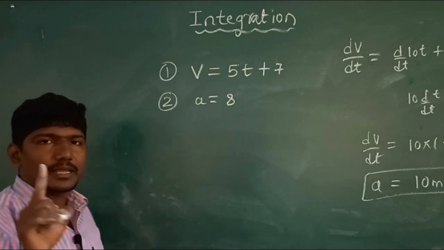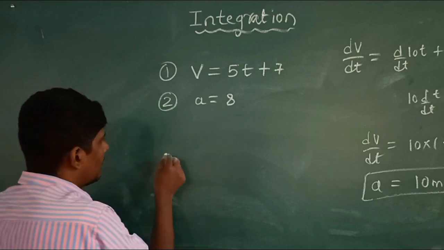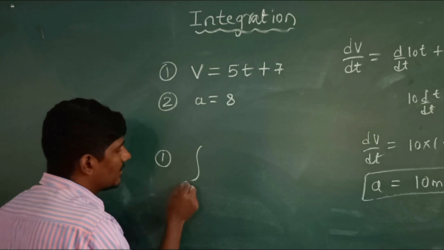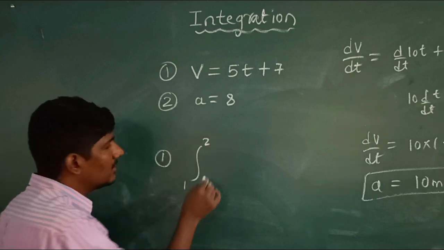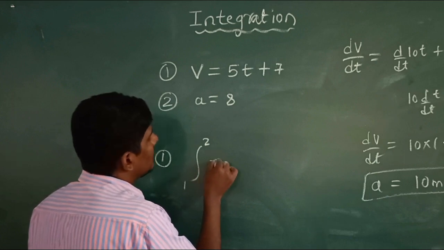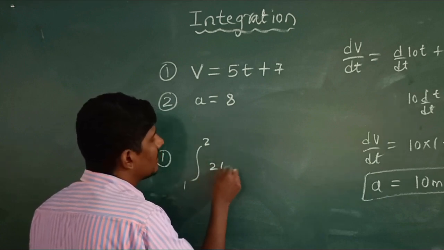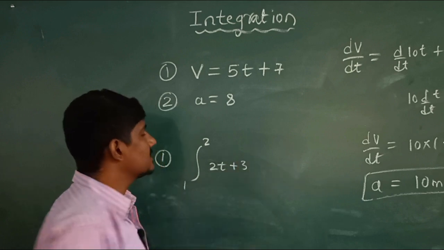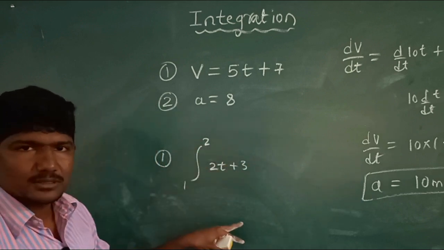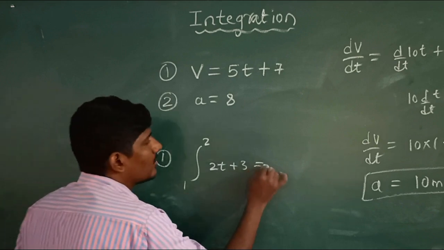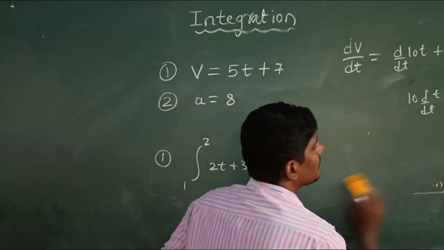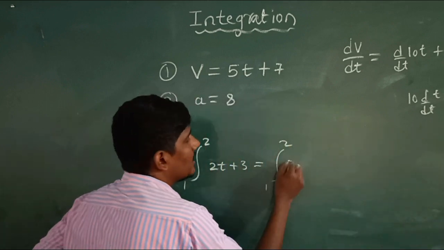Now finally I will take one definite integral for velocity with limits. Integration from 1 to 2, simple example, and here I have the velocity equation as 2t plus 3. This is our simple equation. So integrate this and put the limits. We will do it. That equals integration from 1 to 2, first one.